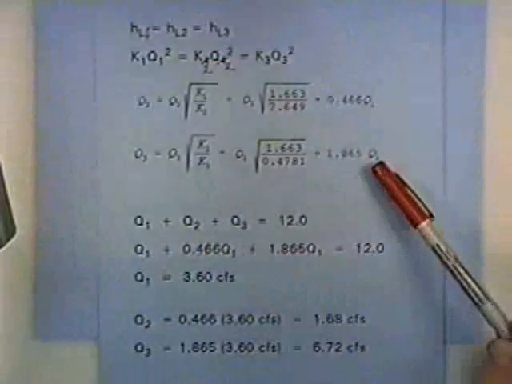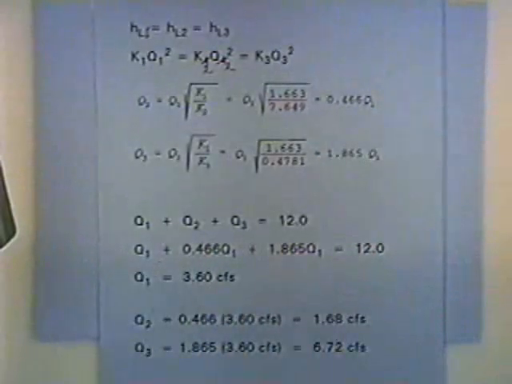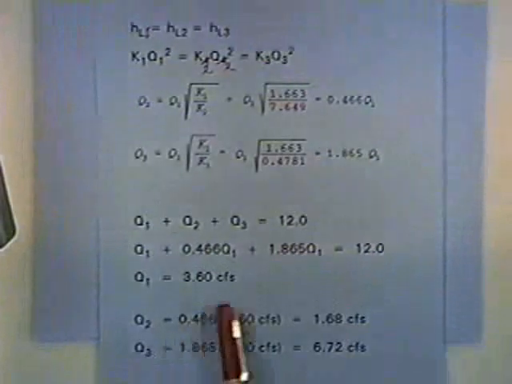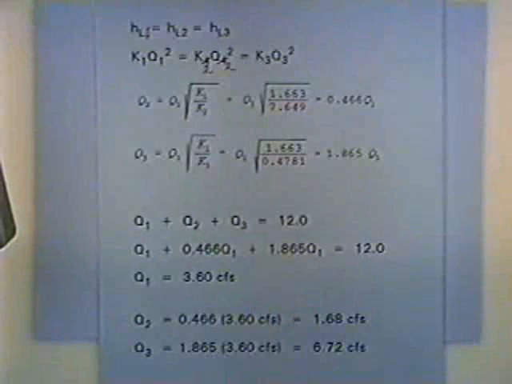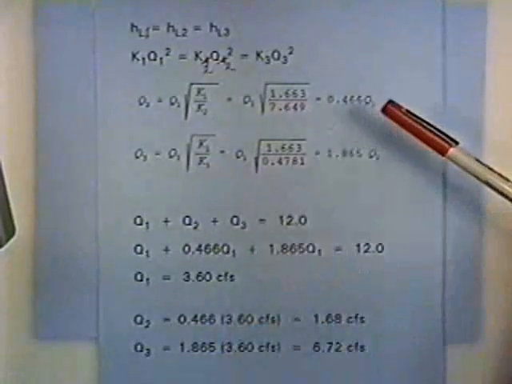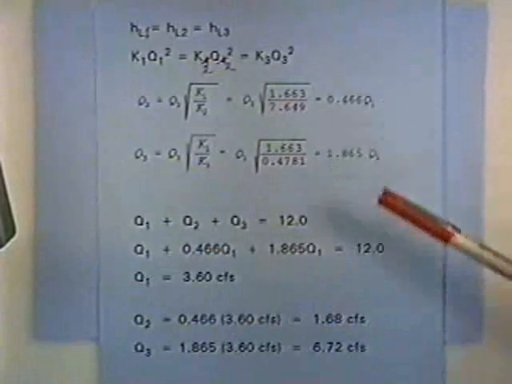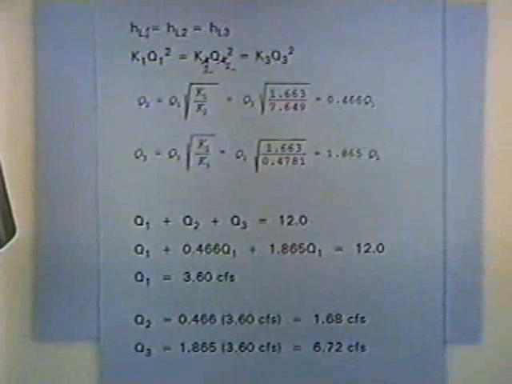For Q3, plug in Q3 as a function of Q1, and that leaves us one unknown, the discharge in pipe 1, which we can solve to be 3.30 cubic feet per second, and then plugging that back in to this expression to get Q2, and then plugging Q1 back into that expression to get Q3. We've got the flow rates in all the pipes. And I guess to check our arithmetic, we ought to add those 3 numbers up, and they better add up to 12 cubic feet per second.